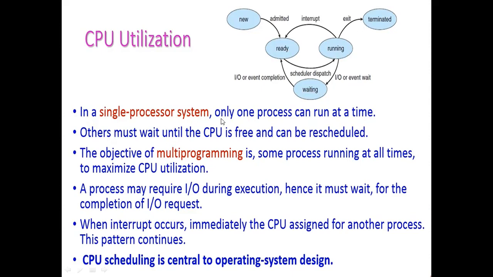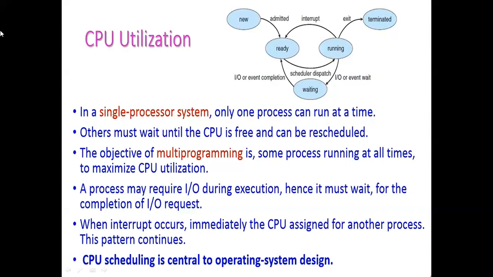In a single processor unit, only one process can run at a time. Others will wait until the CPU gets free and can be rescheduled. The objective of multi-programming is that some process will be running at all times, which maximizes CPU utilization.